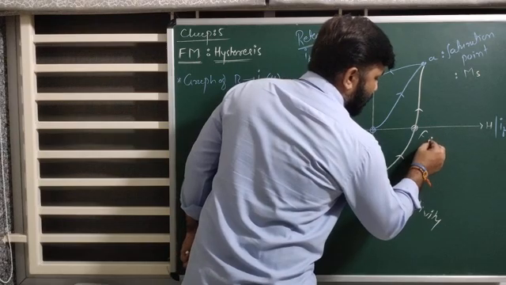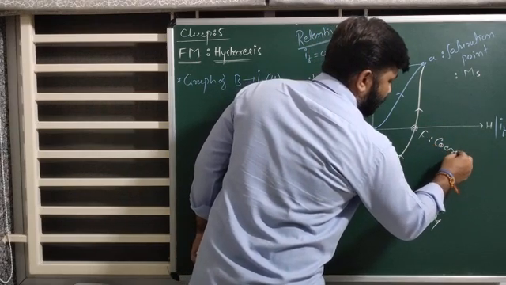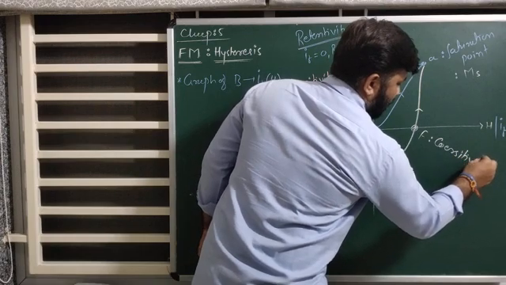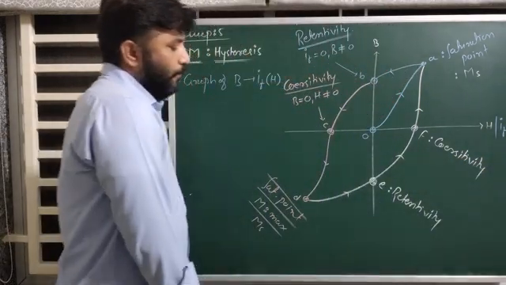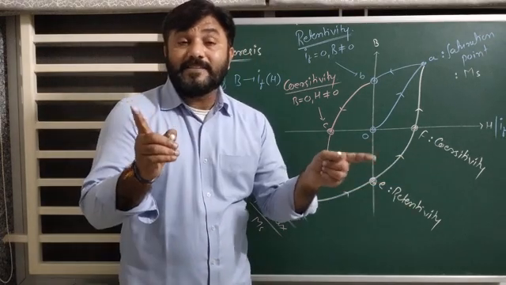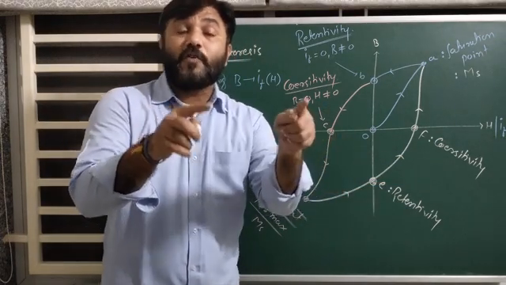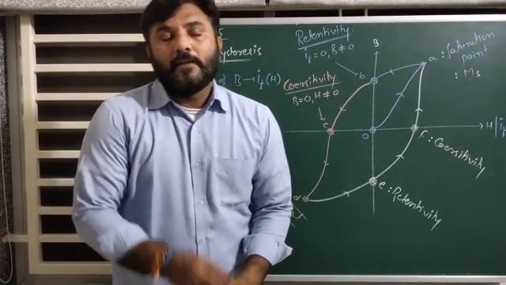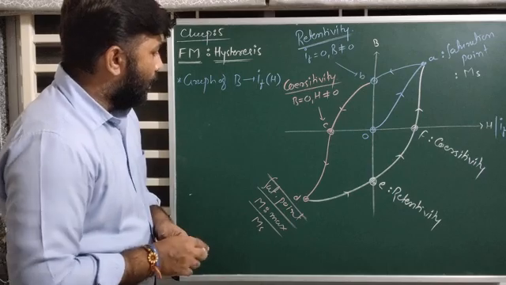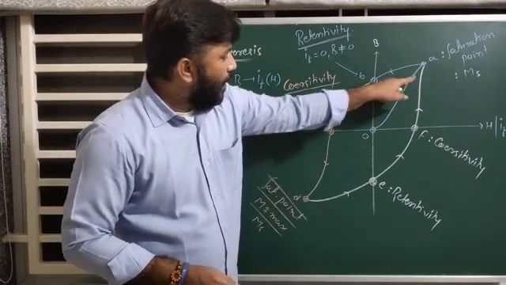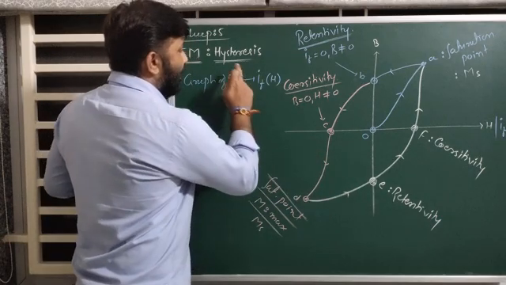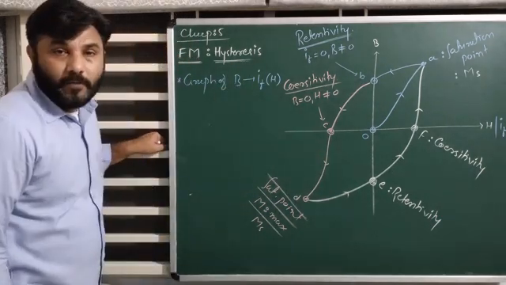So it is also known as coercivity point. Clear? Retentivity point and coercivity point play an important role in the types of ferromagnetic material that we will see later on. Clear? Don't worry. Okay? So here you are getting this type of loop, and this loop is known as hysteresis curve.